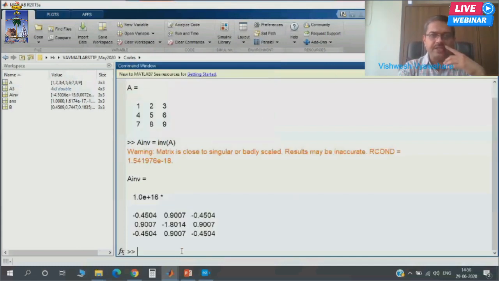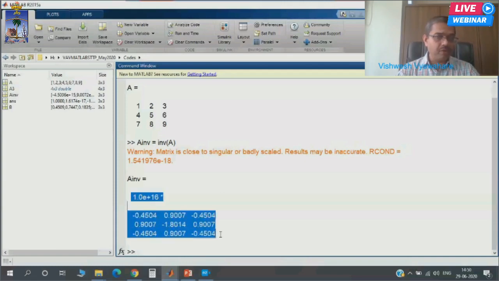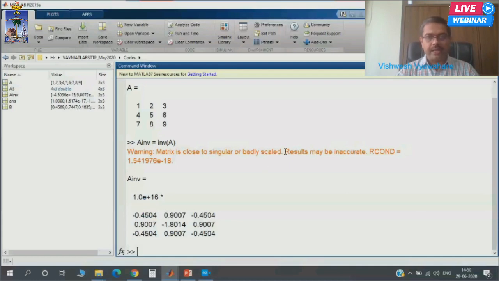It has given me an answer that the matrix is badly scaled and the results may be inaccurate. So I have got an inverse, although from the mathematics point of view, the inverse does not exist. But MATLAB has done some conditioning and found an inverse. MATLAB gives a very important message that results may be inaccurate.